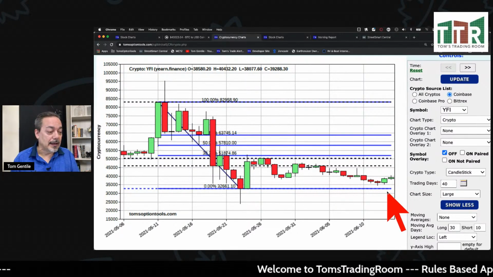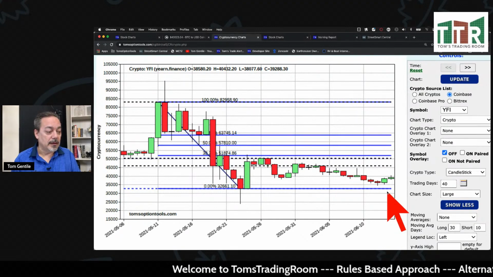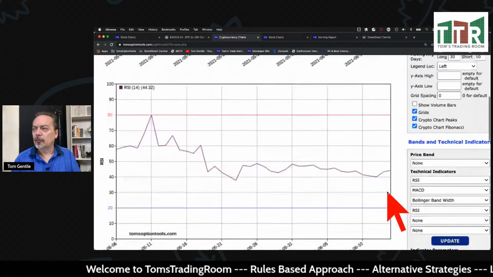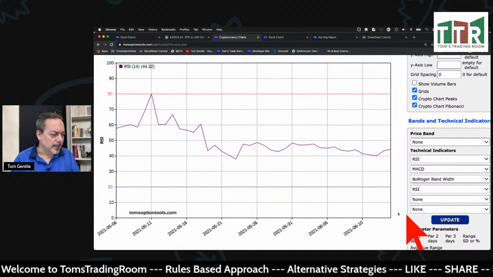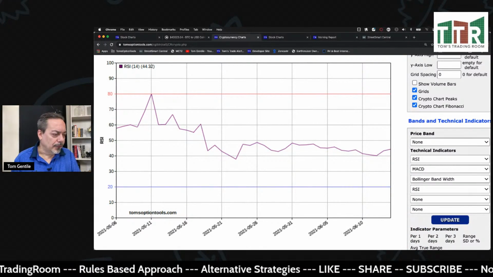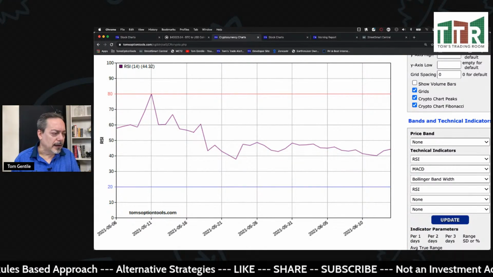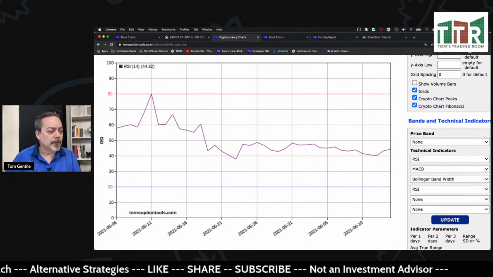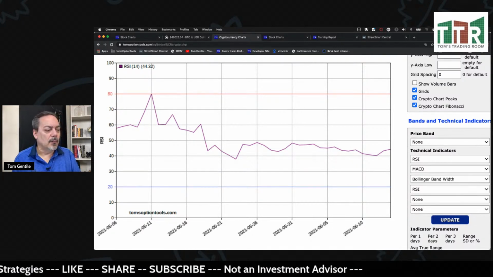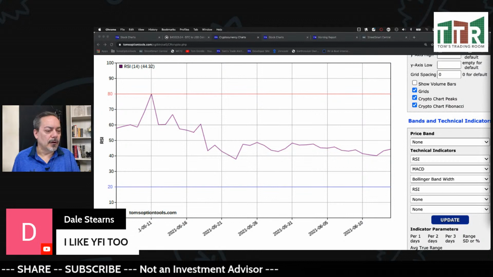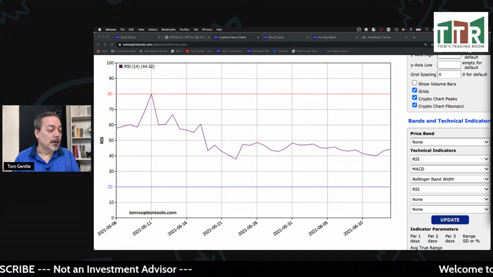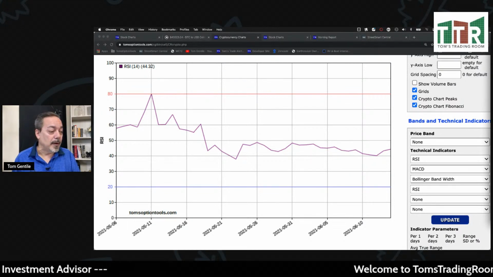I saw the word indicator on my screen here. And as you look along here, you can see a new trader said something about adding an RSI indicator on. And so, Dale likes YFI too. Maybe for those reasons, maybe for others.